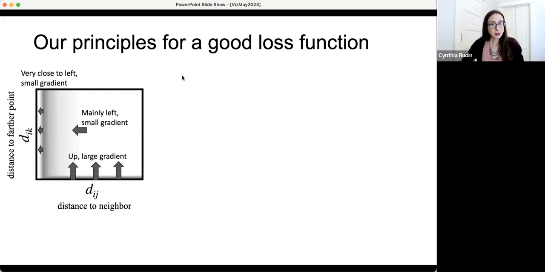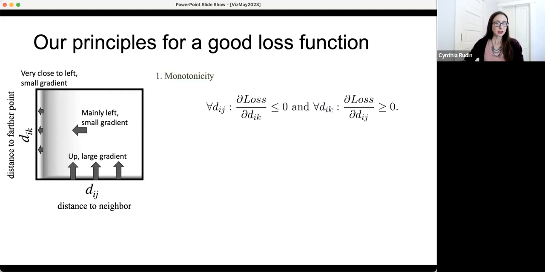The first principle is monotonicity. You want this plot to go up and to the left, because your enemy should be further away, your friend should be closer to you. So that's all this says. It just says push your enemy away, pull your friends in. Okay, that's it.